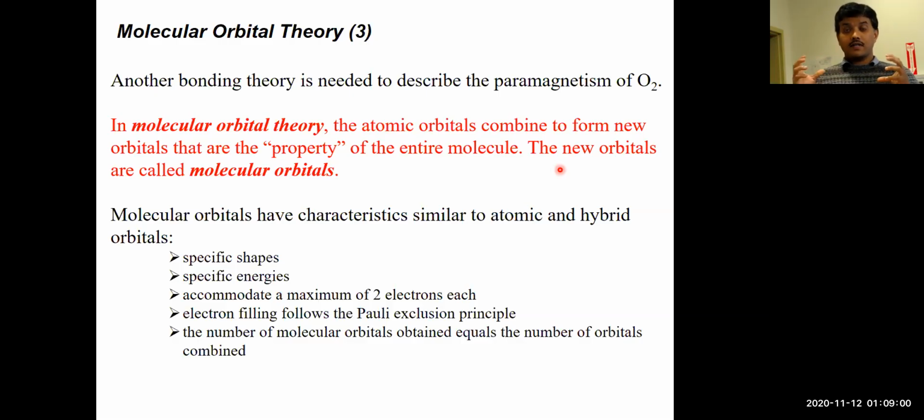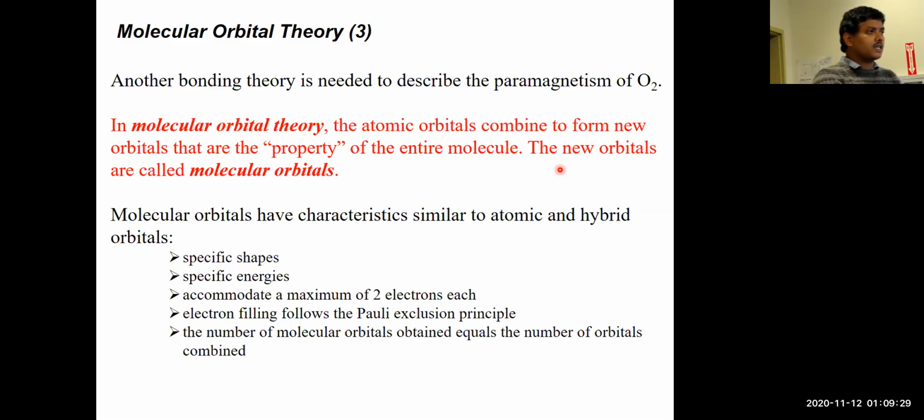So instead of having individual hybrid orbitals for each of them and then combining them to share the bonds, you combine all of the individual atomic orbitals to form one new molecular orbital set. Maybe it will make more sense when I show you those molecular orbitals.